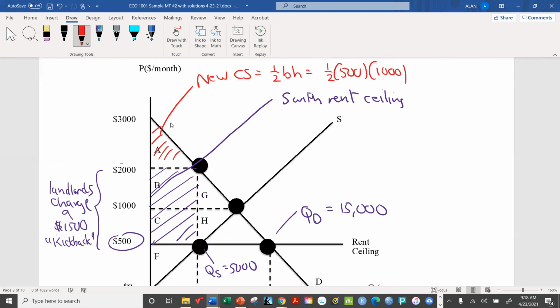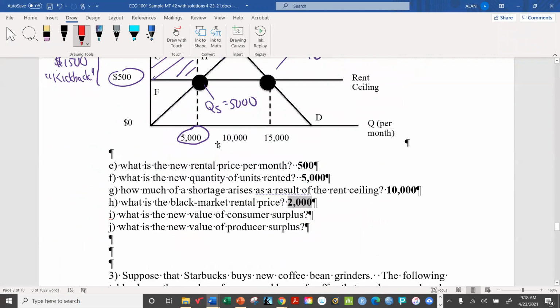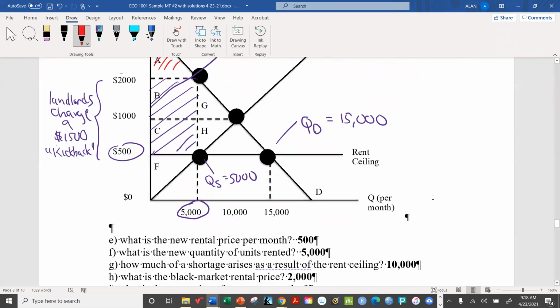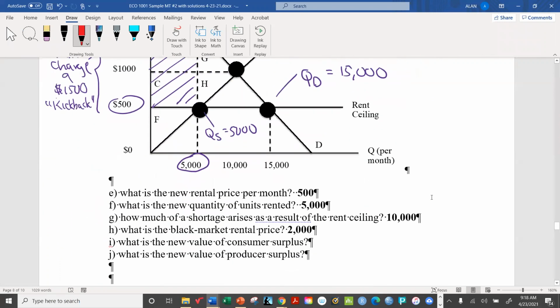So that's a pretty significant loss. That would give us 250,000. It used to be 10 million or something like that. Let's make a note of that here somewhere. The new consumer surplus is 250,000.